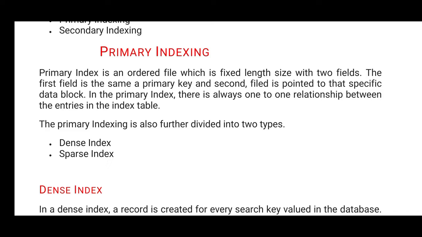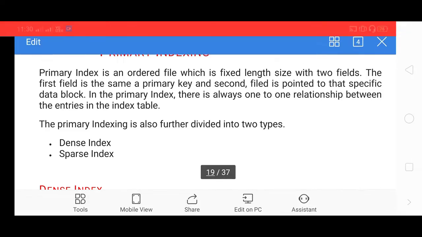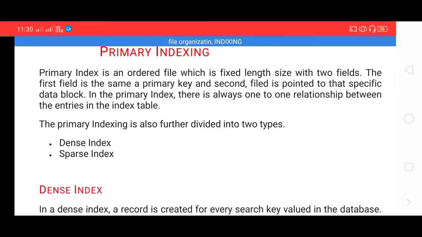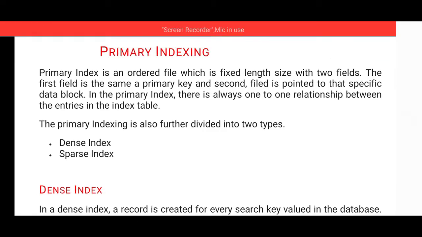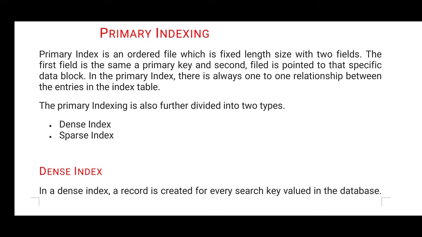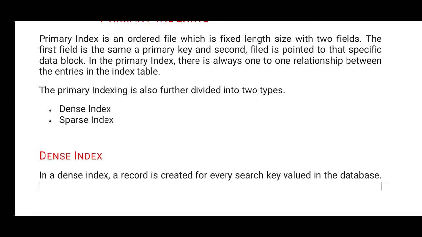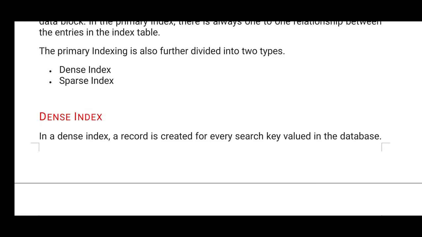There is always a one-to-one relationship between the entries in the index table. The primary indexing is also further divided into two types. First one is the dense index, the second is the sparse index.